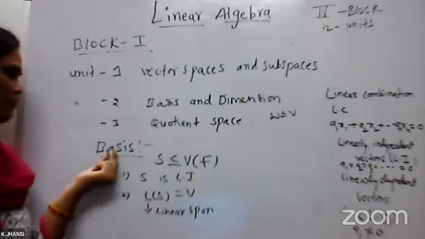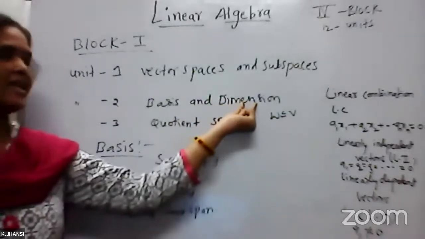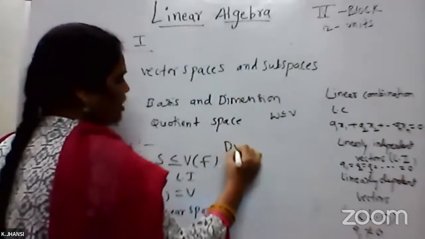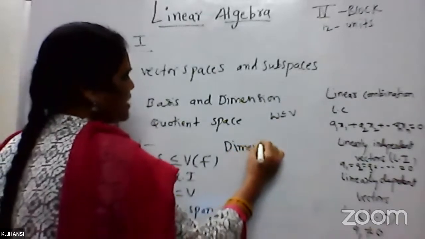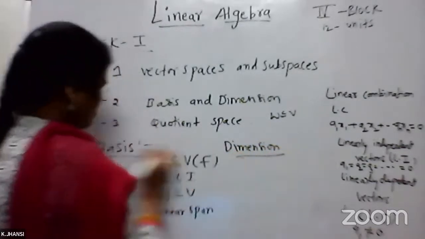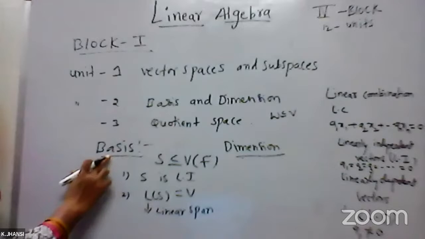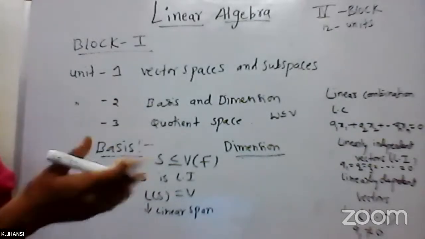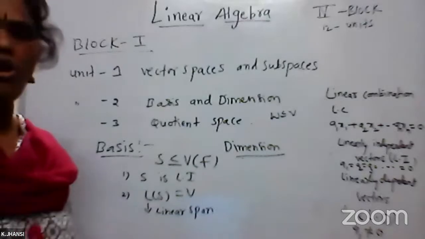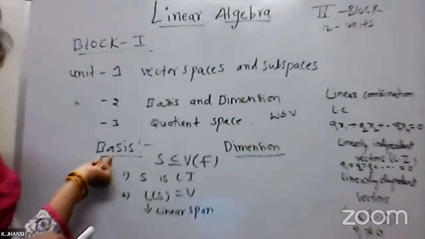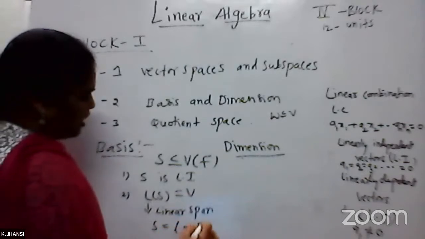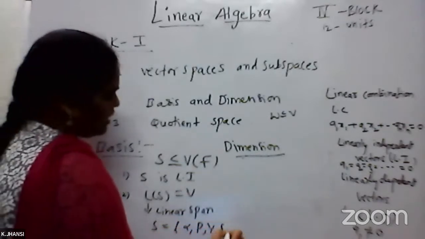So from this basis, it is related to dimension. Dimension is nothing but the number of elements present in the basis. The elements you are taking, alpha, beta, gamma, delta, x, y, z and so on, you take all the values as a set S. So you are taking S as alpha, beta, gamma, delta, and so on.